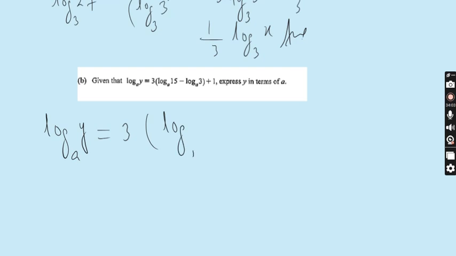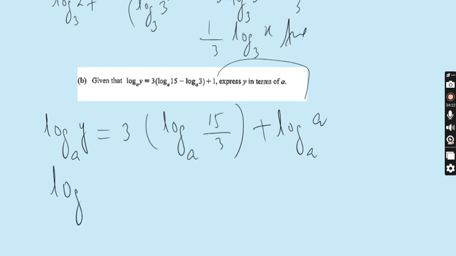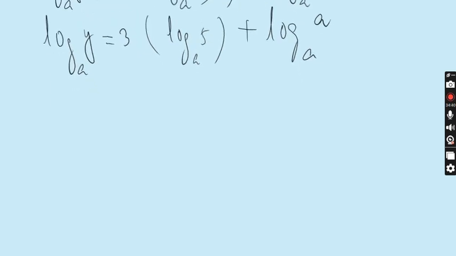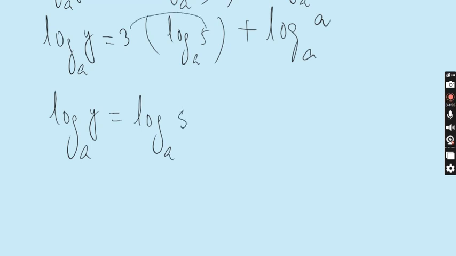First write log base a of 15 upon 3, because negative is converted into a fraction, and write this 1 as log base a of a. This 3 becomes the power of 5, so 5 power 3.